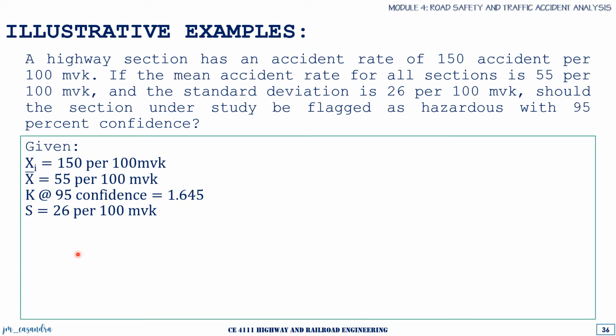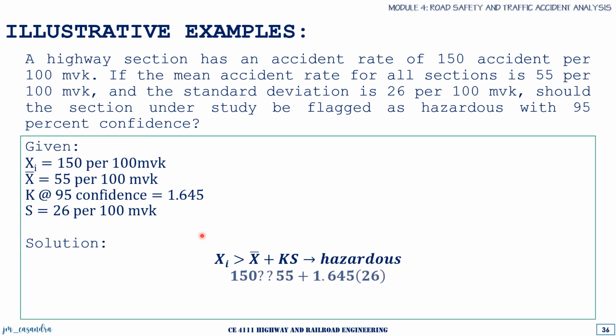Okay? So since all of our values are in terms of per 100 million vehicle per kilometer, then we could apply now our condition or check our condition. If x sub i is greater than x bar plus ks, then we will flag our location or the area under study as hazardous.